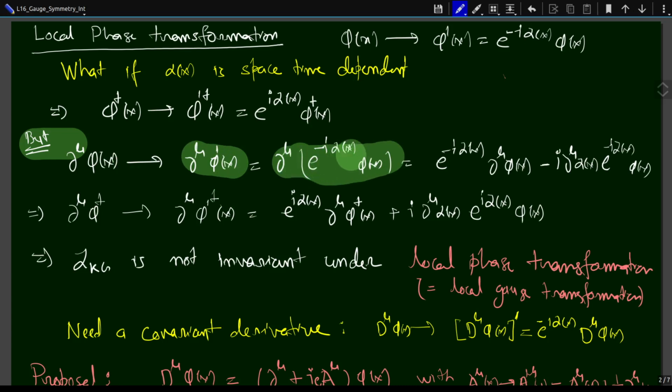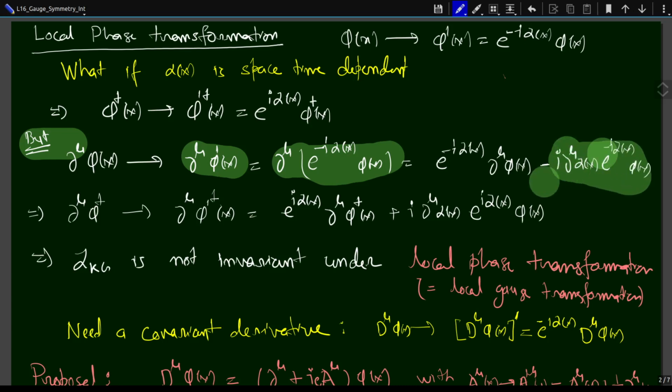Now del mu can act on alpha of x, or del mu can act on phi of x. Using the Leibniz rule, we have two terms now. The first term, where del mu acts on phi of x, is the same as what we had when alpha of x was space-time independent: exponential minus i alpha of x del mu phi of x. The second term is minus i times del mu of alpha of x, then exponential minus i alpha of x phi of x. This piece is the extra piece.